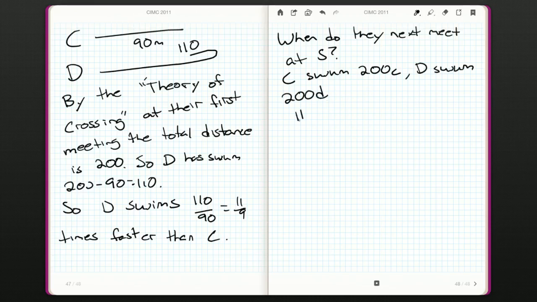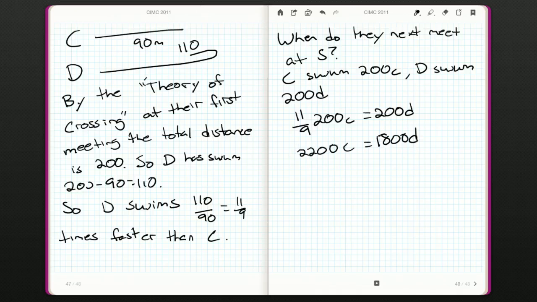And we know that 11 over 9, because that's how much faster D swims than C, then we get 11 over 9 times 200c should be 200d. D must have swum 11/9 of the distance that C swum. So that gives us, what is that? 220c equals 1800d. Okay.